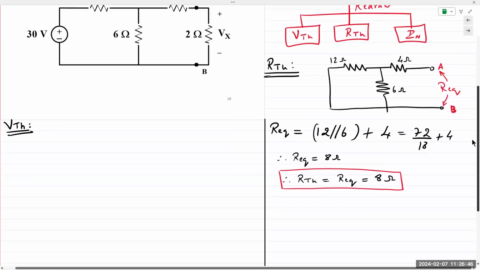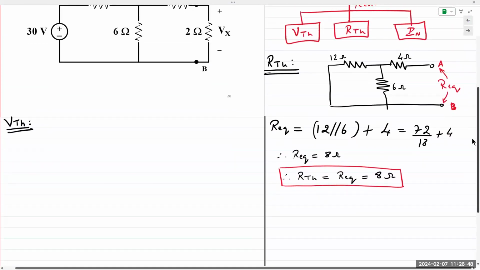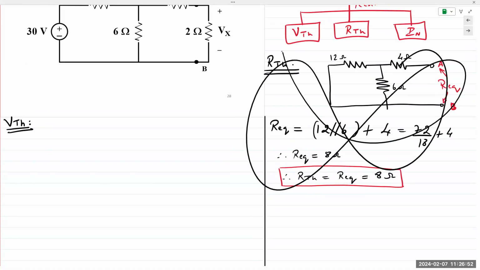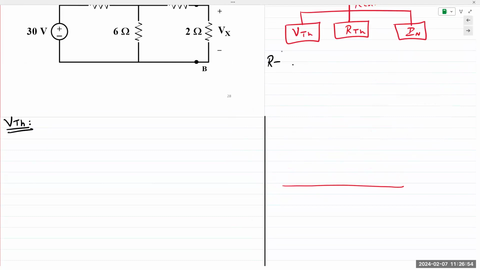Remember that all important point: once you find one quantity, you forget about it. This has no bearing on VTH or IN. It's a blank slate.